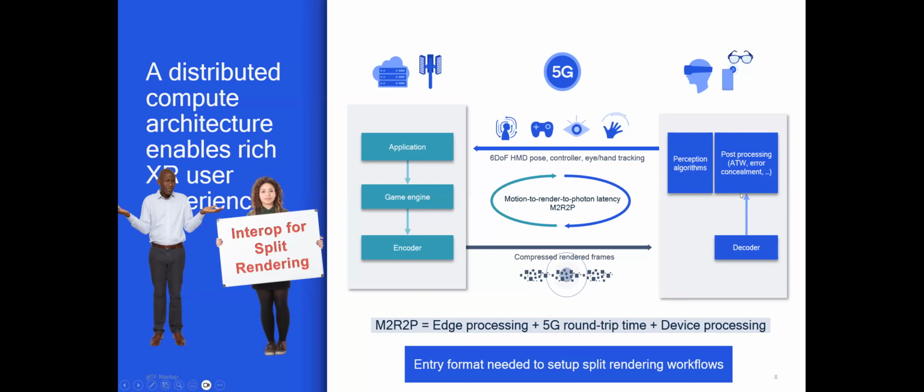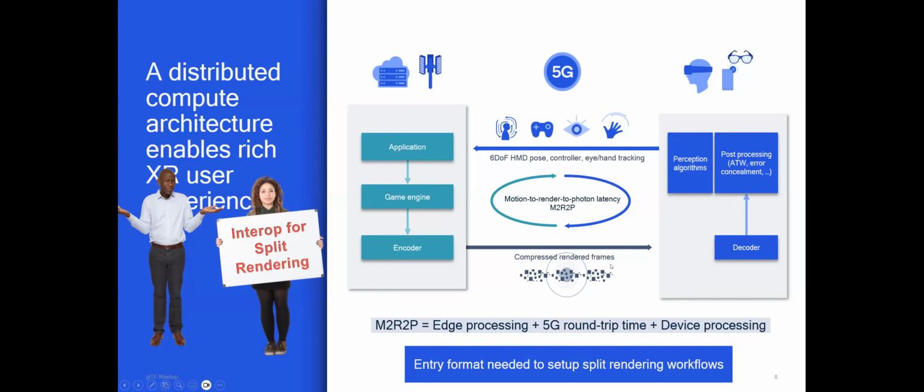In a simple way, you would just use maybe a runtime to do some post-processing, but you can also split the distribution, and you are then operating in some latency environments and constraints that are restrictive because of your interaction with the scene and your body movement and your immersiveness. Also, we identified that we need to be able to set up rendering split flows, that we need an entry format that describes the scenes, and that the exchange of capabilities and scene objects and the description, for example, of these rendered frames can be properly done.